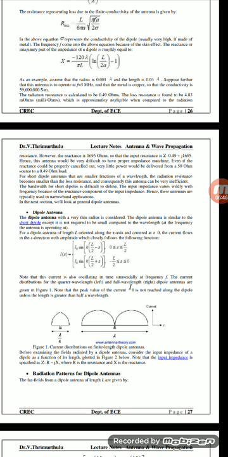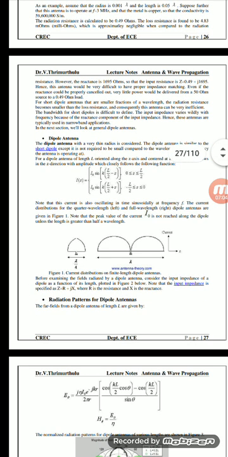Along the antenna the values go from negative to positive, and the current oscillates sinusoidally at frequency f. The impedance is Z equals R plus jX.